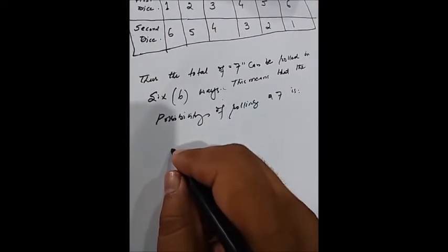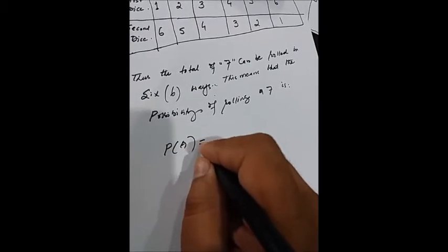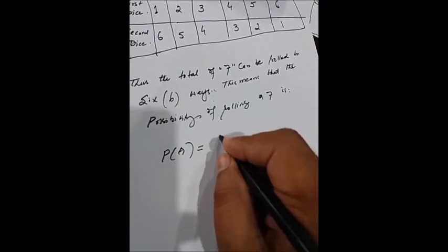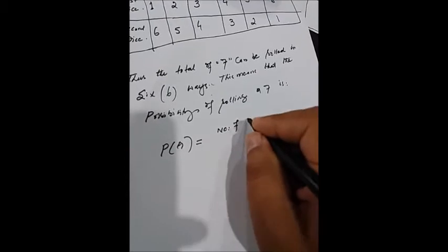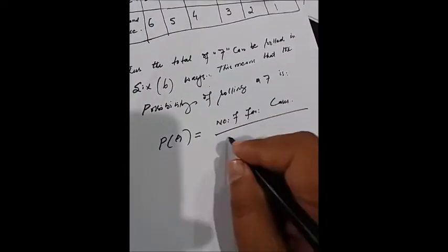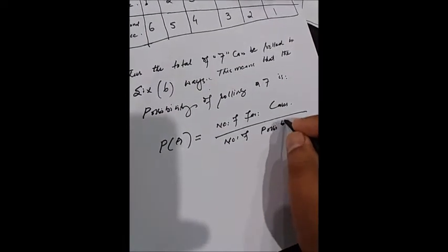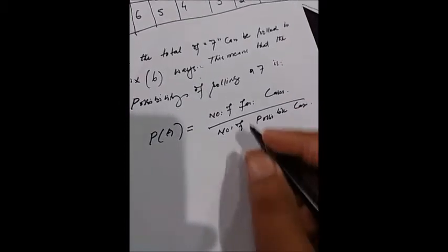As per the general formula, the probability of an event A is the number of favorable cases divided by the number of possible cases.